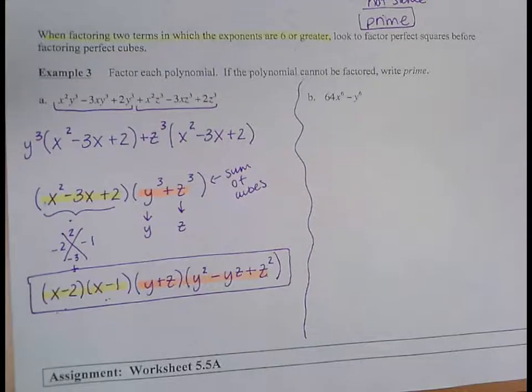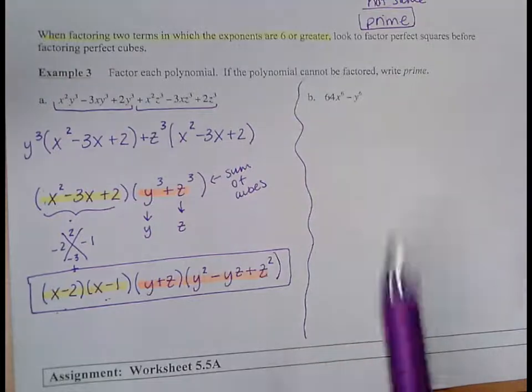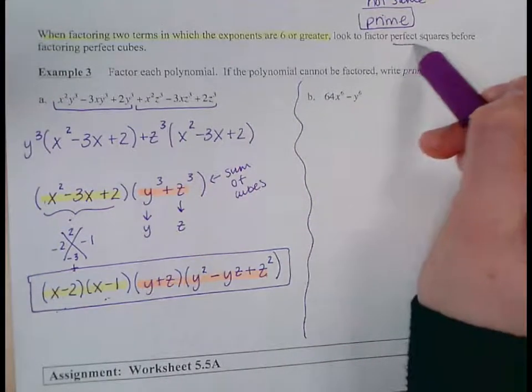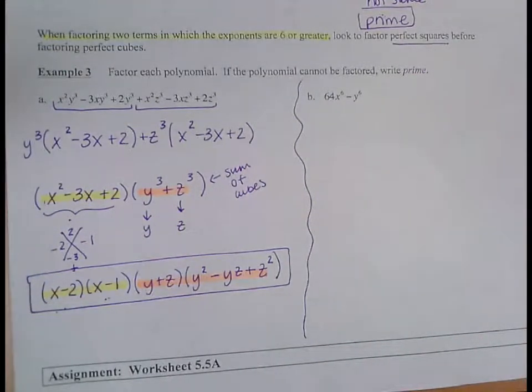So when it's both, like this is a difference of squares and a difference of cubes, since 64 is also a perfect square and a perfect cube, you want to factor perfect squares first before you factor perfect cubes.